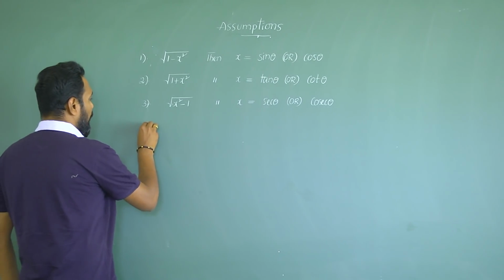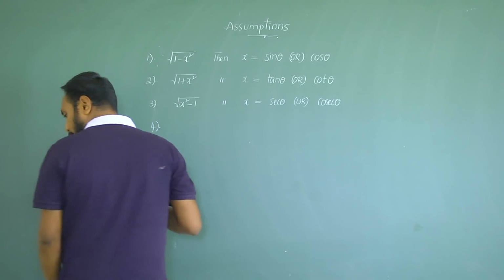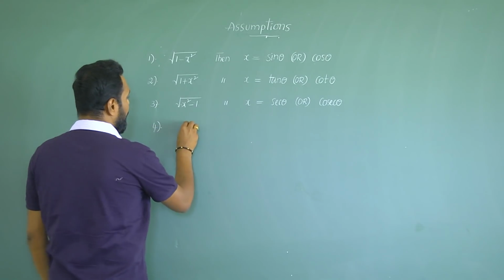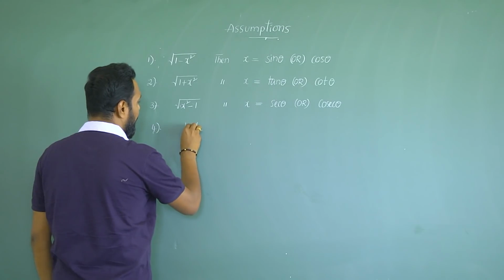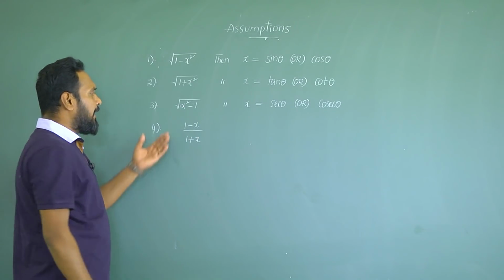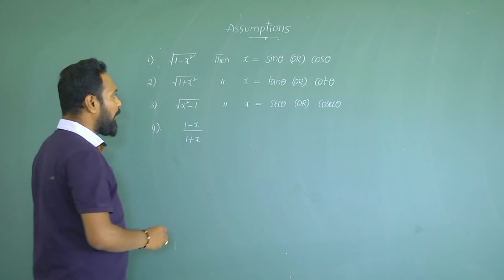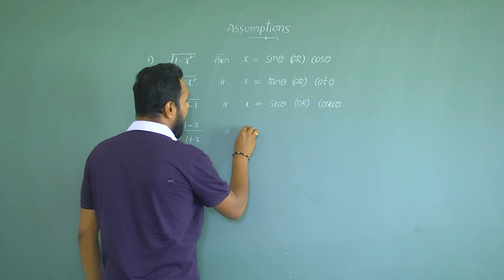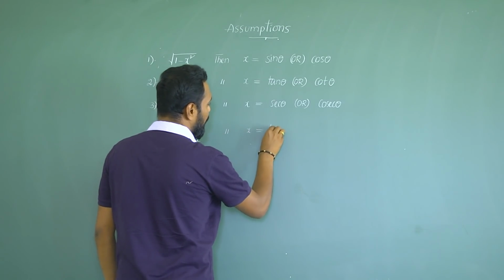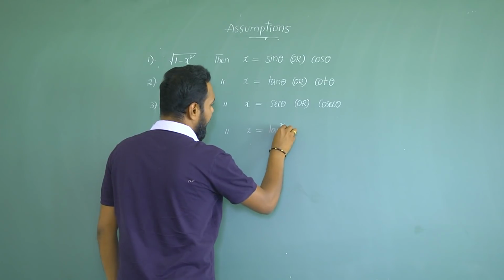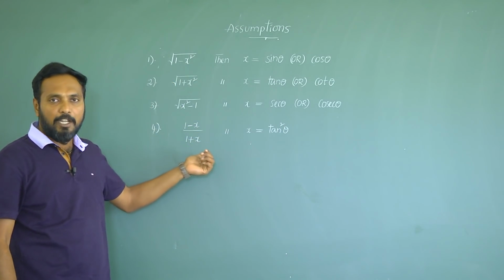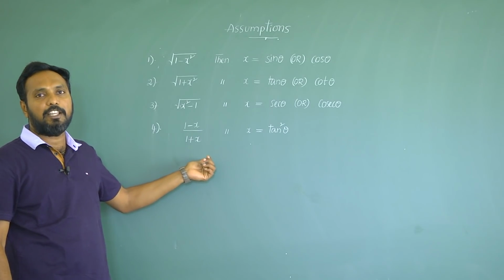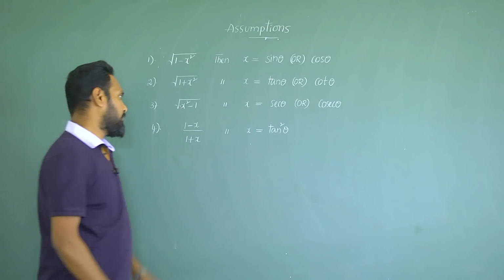Now, fourth one, if we have the form 1 minus x by 1 plus x, then we can assume x equals tan square theta. So 1 minus tan square theta by 1 plus tan square theta is cos 2 theta.